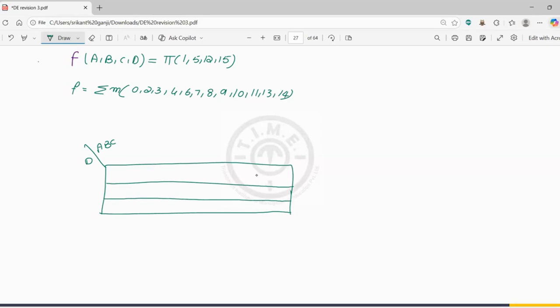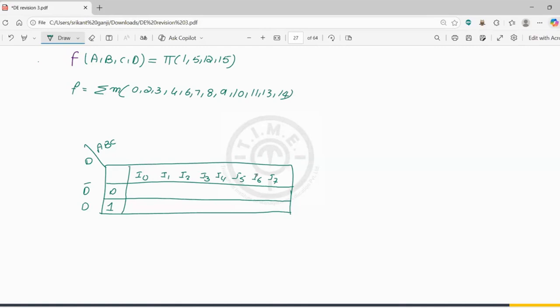So this is D bar and this one is D, that is 0 and 1. D bar means 0 and 1. I0, I1, I2, I3, I4, I5, I6 and I7.